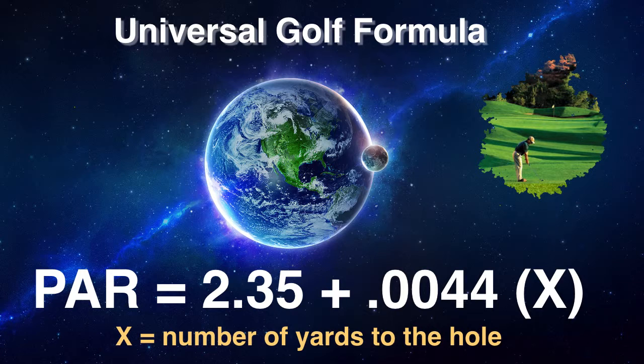And the variable component is the number of yards of the hole multiplied by 0.0044. If we apply this formula, a standard par 3 measurement is 147 yards. A standard par 4, 375 yards. And a standard par 5, 602 yards.